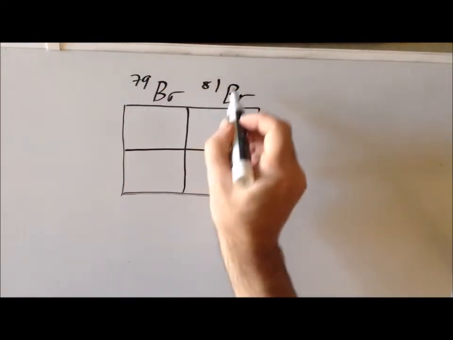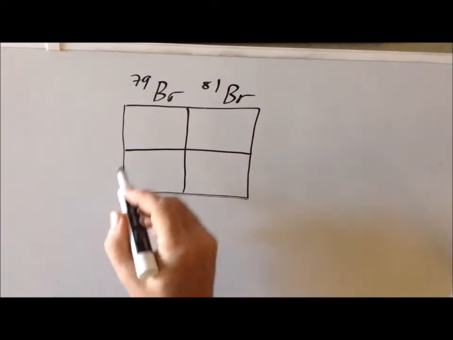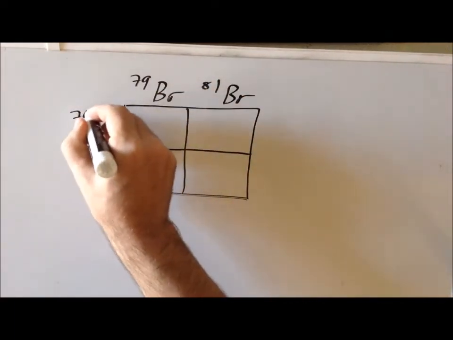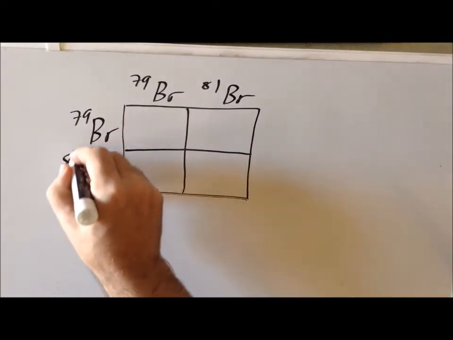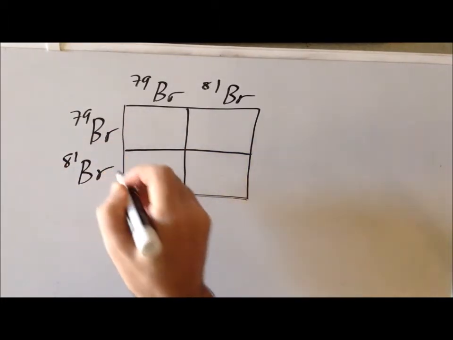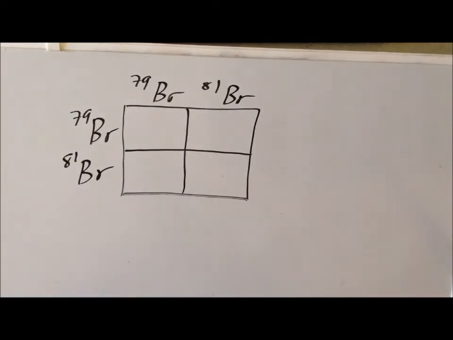So this would be one of the bromine atoms, and the second bromine atom we'll put along the side. And it again can be bromine 79 or bromine 81. What's interesting here is what combinations we're going to encounter in actual molecules.